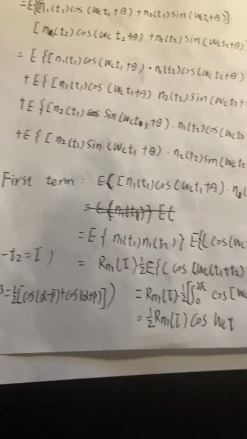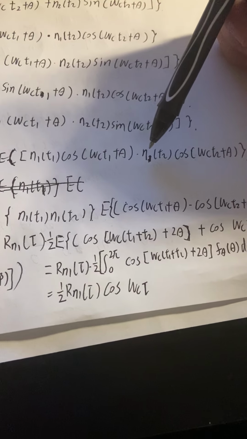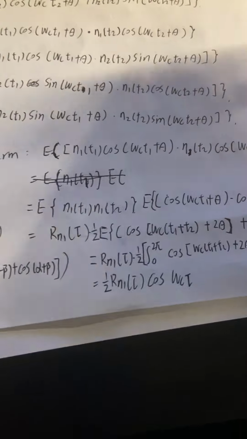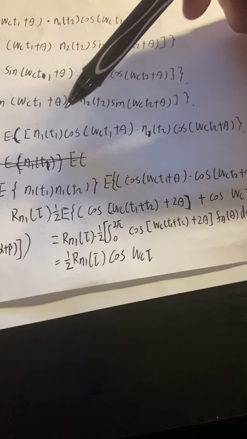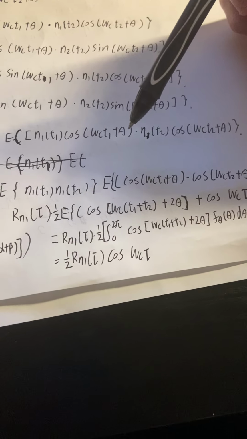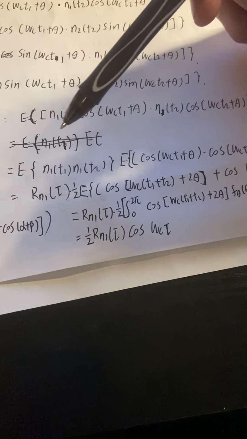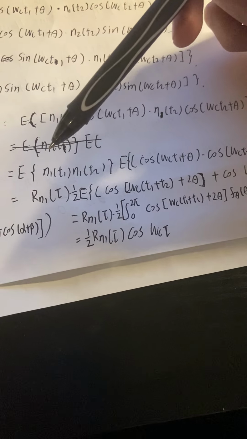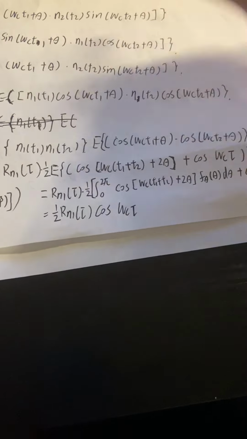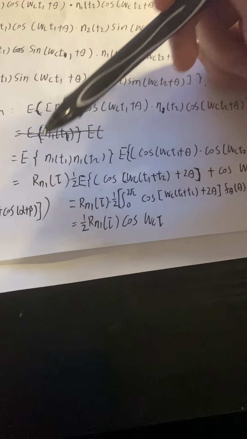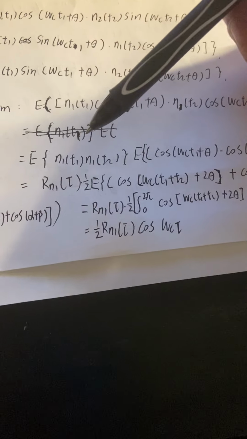For the first term, E[N1(t1) cosine times N1(t2) cosine]. Again, we know N1 and theta are independent, so we can take out the expected value of N1(t1) times N1(t2).